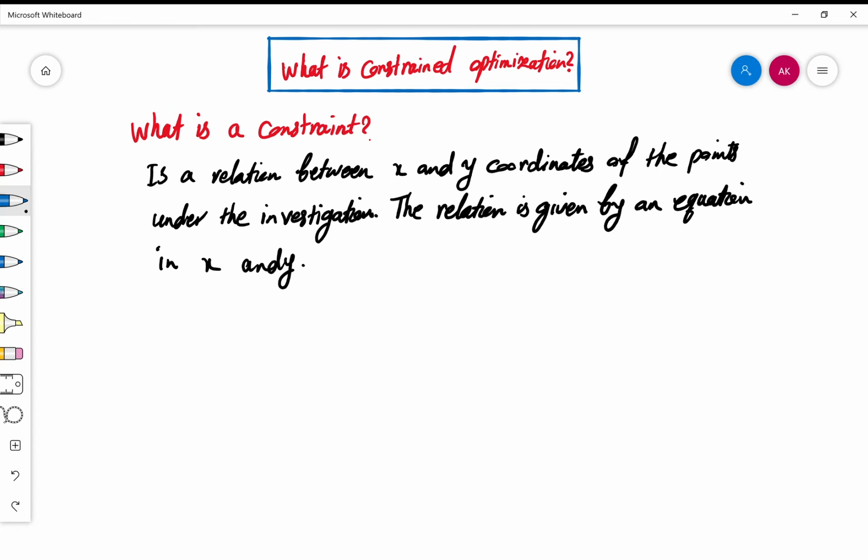For example, you can say I'm interested in points whose x and y satisfy this relation: x plus y is equal to 1, or x squared minus 2xy equals y cubed plus 3. I'm interested in points whose x, y coordinates satisfy this condition or this condition.